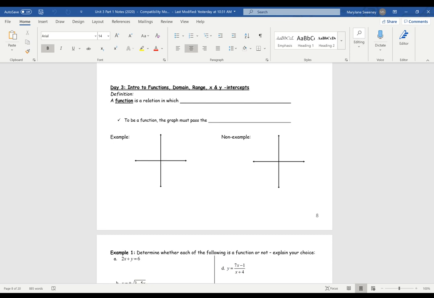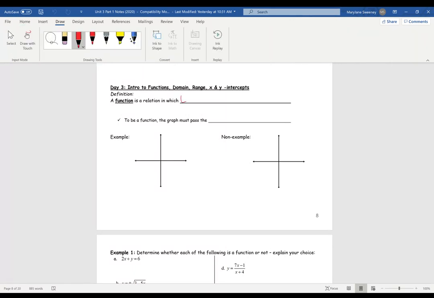Okay, day 3, we're going to look at functions, domains, ranges, x and y intercepts. So a function is a relation in which every input has exactly one output.